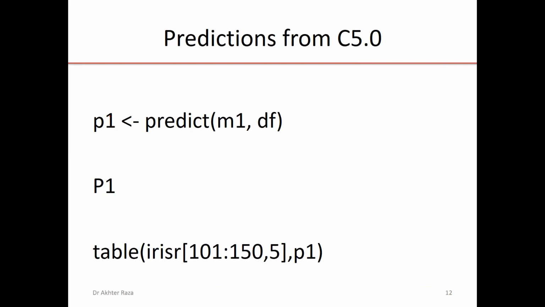P1 is what? P1 is a prediction. Predict function will do what? Predict function will use this model M1, which is created previously. And then you have to specify the data frame of your testing data set.